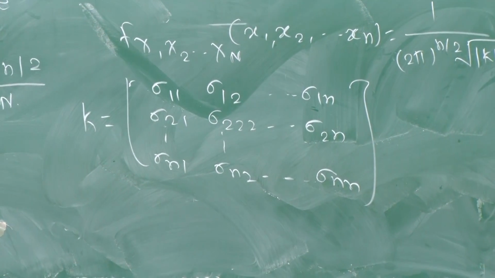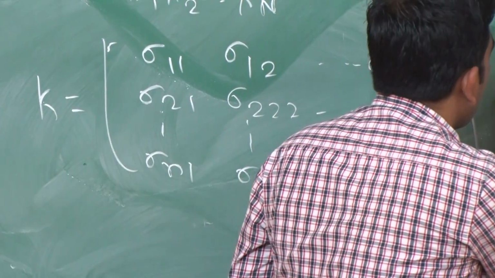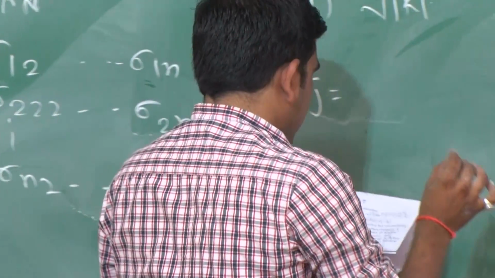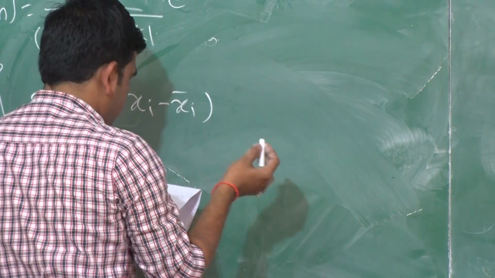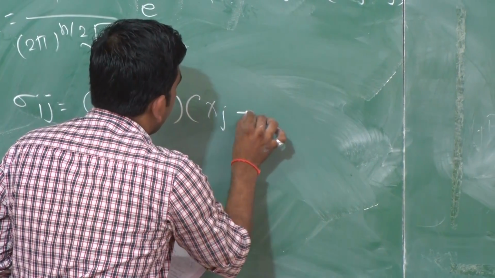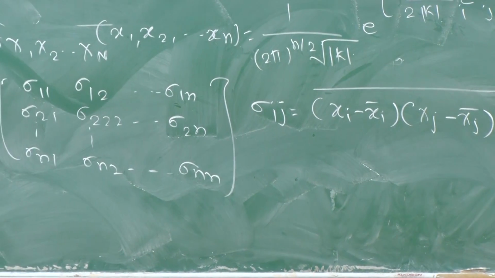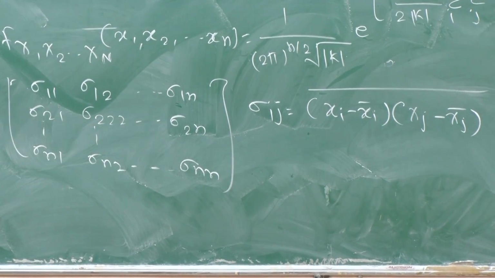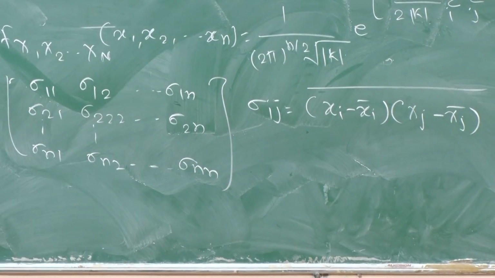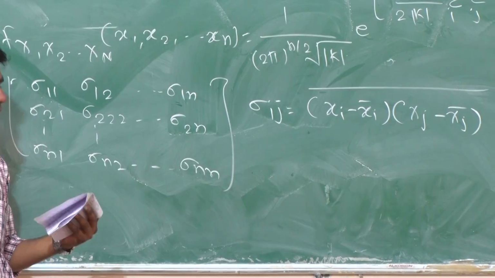So here sigma ij is nothing but xi minus xi bar into xj minus xj bar, and here delta ij is nothing but the cofactor for the element sigma ij.